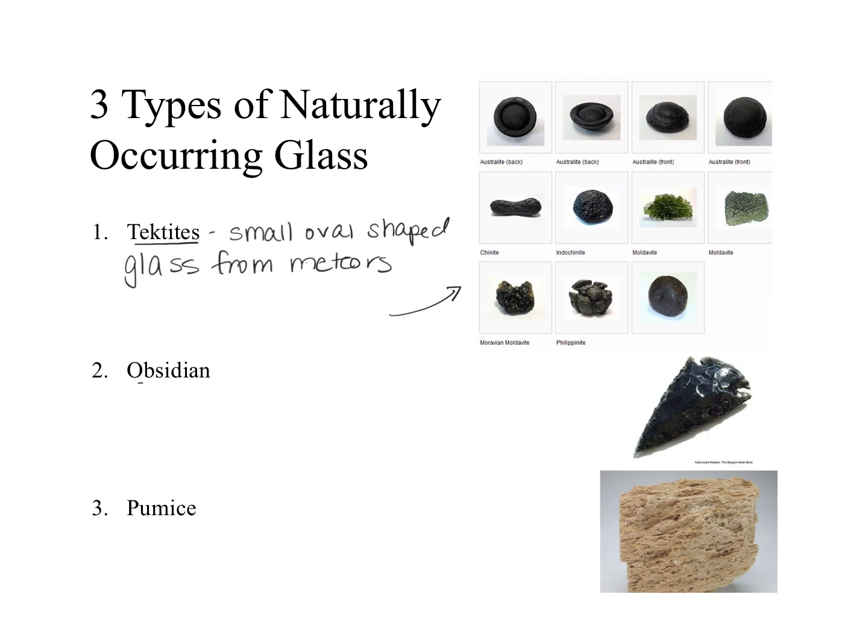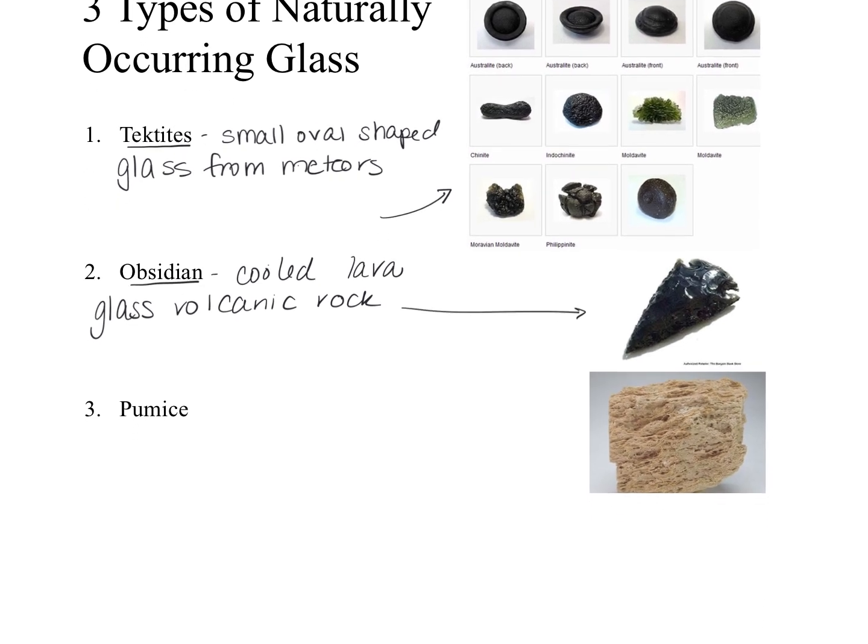The next type that we run into is obsidian. Obsidian is just cooled lava, and it's glassy volcanic rock. We have an example of obsidian right here, so that's an arrowhead made out of obsidian. And then the third type is pumice, and that is a foamed glass.